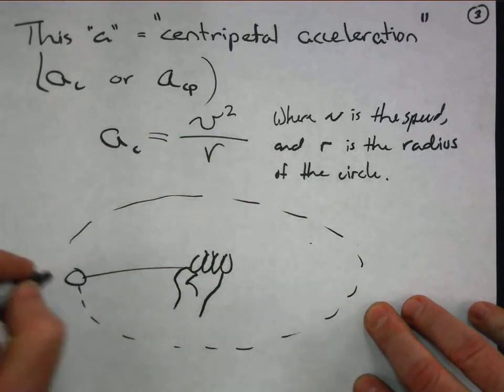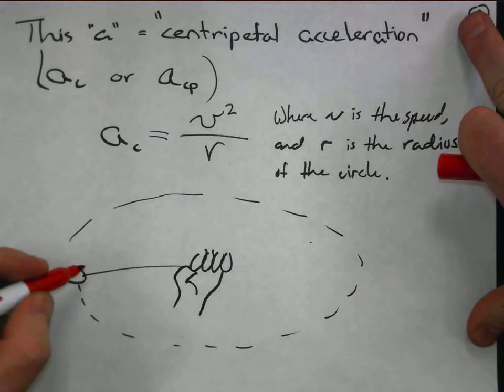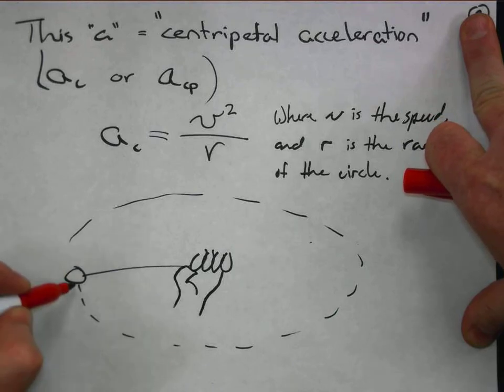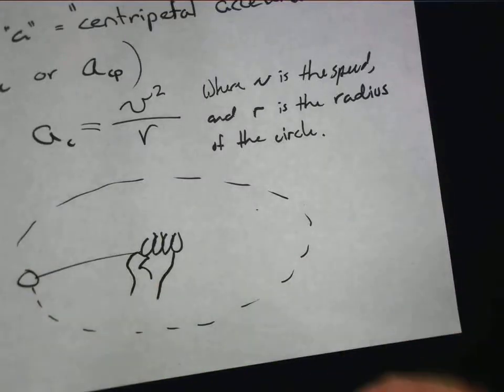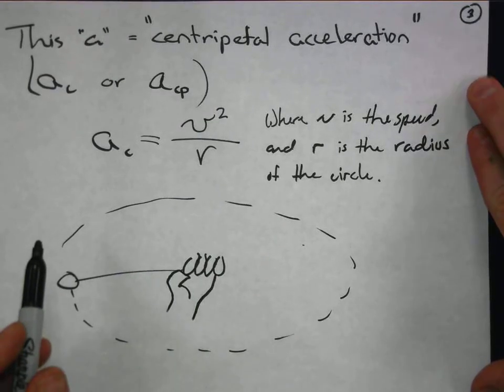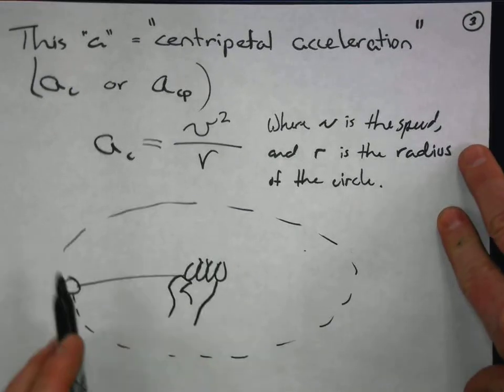More or less, you get the idea. And at this location, well, if we wanted to, we could label all kinds of things. But what's important here? We've determined that there is this acceleration toward the center of the circle.